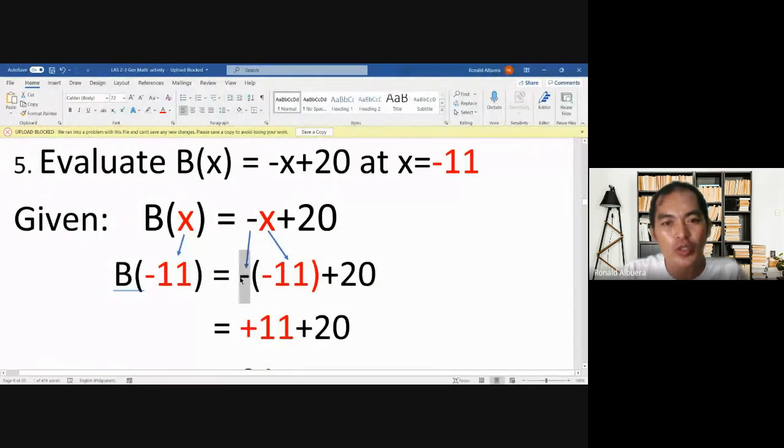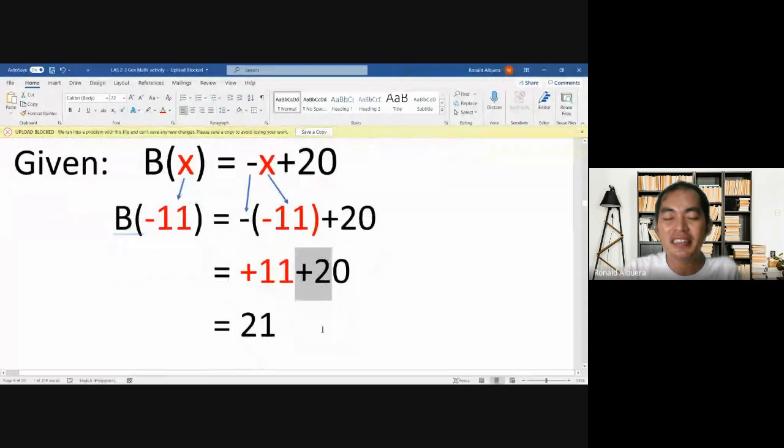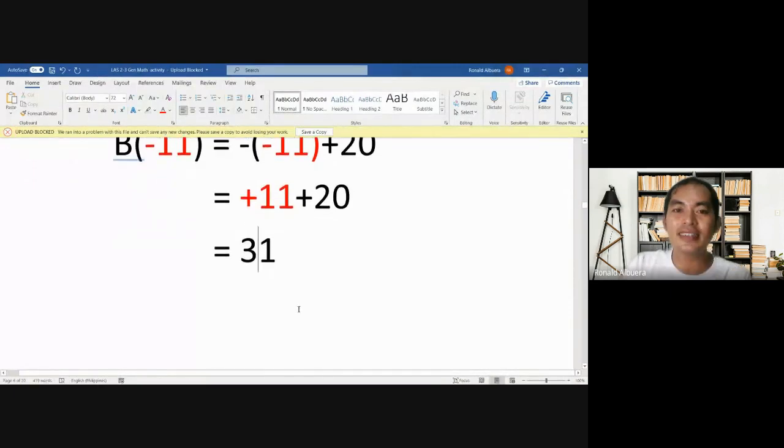Multiplying unlike sign is negative. Tandaan ha, multiplying two numbers or variables having the same sign is positive, while multiplying unlike sign is negative. But in this case, the same sign is positive 11 plus 20. Then adding the same sign is copy the sign and add the number. So 11 plus 20 is 31. Okay, so the answer is 31.